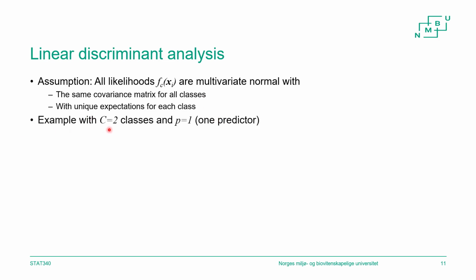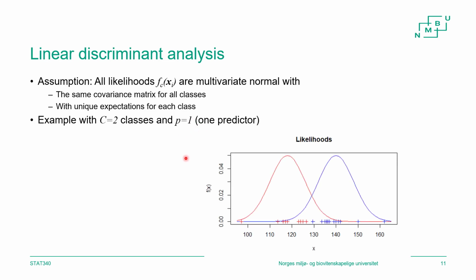An example, if you have 2 classes and 1 predictor, which is the easy situation to start out with, would look something like this. Here you have the x-axis, only one x-axis. The pluses are the data cases, and we can see there is a red and a blue class. Class 1 and 2 are colored red and blue here; we can just call them class red and class blue.